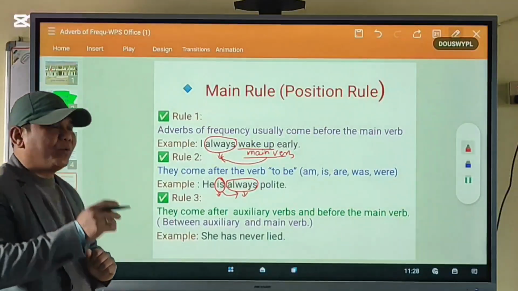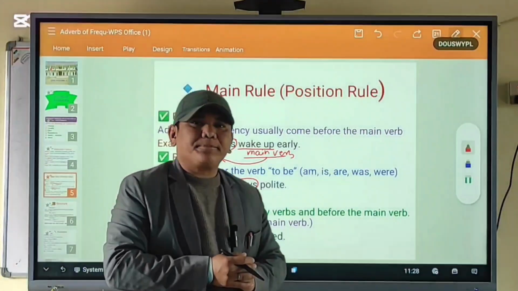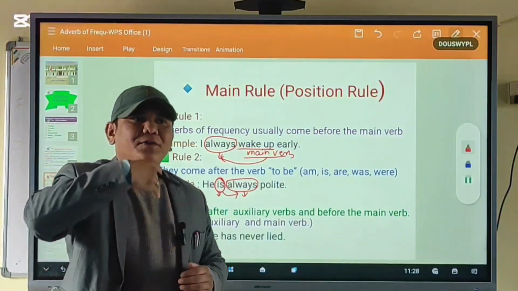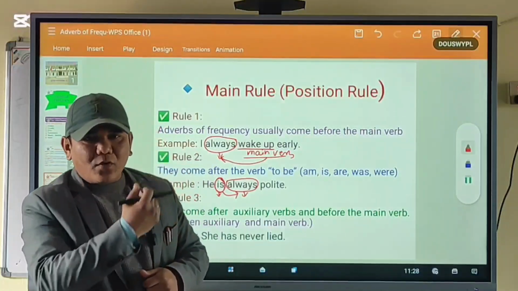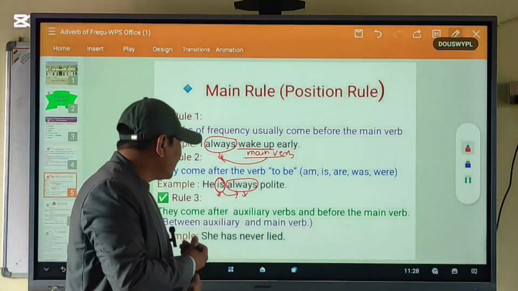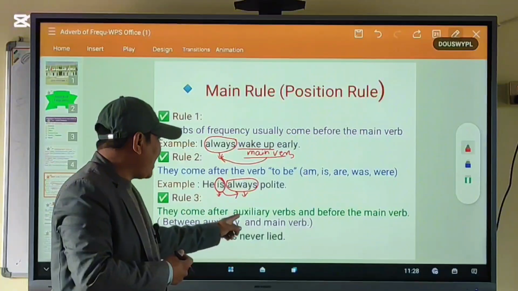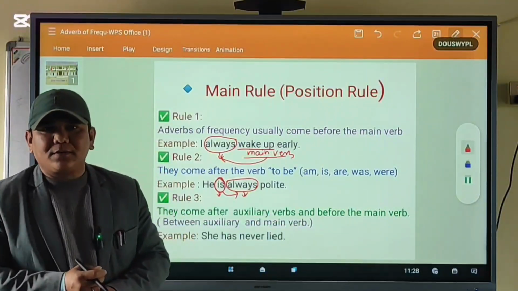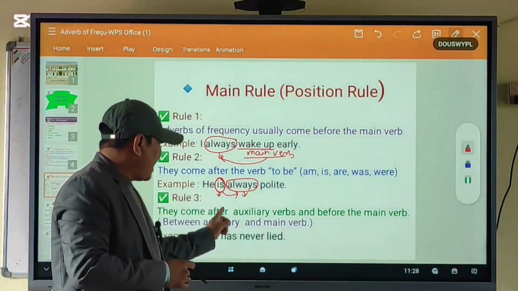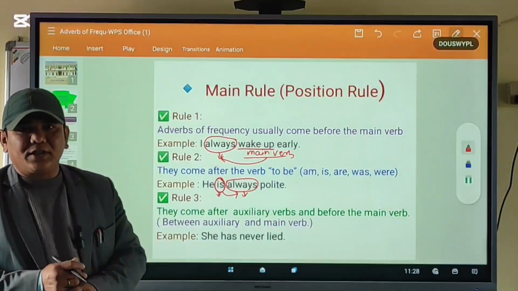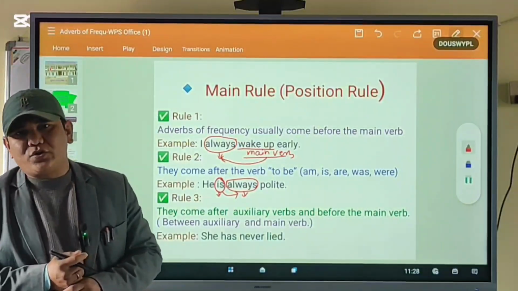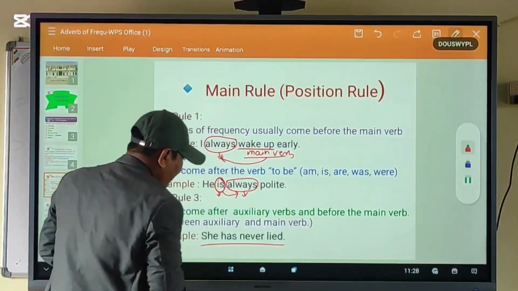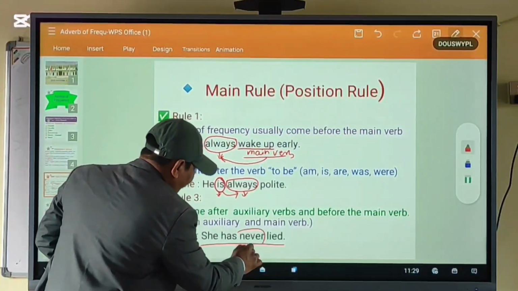And the final third rule is, we use adverbs of frequency after auxiliary verbs and before the main verbs. It means what? It means between auxiliary and main verbs. Okay? They come after auxiliary verbs and before the main verbs. This is the final and third rule. Look at this example. She has never lied. Okay? Never.